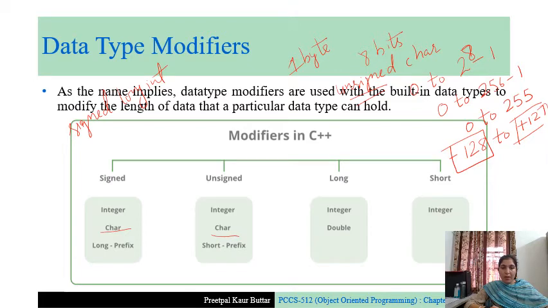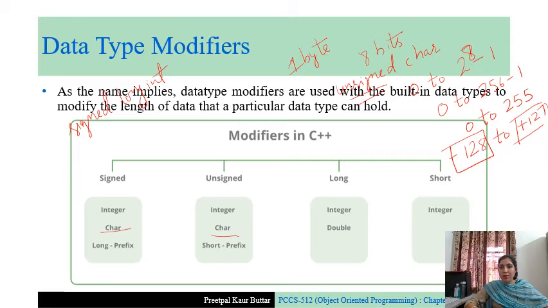Character can also be signed or unsigned. Normally a character occupies 1 byte. 1 byte means 8 bits. So if the character is unsigned char, then what will be the range of values?